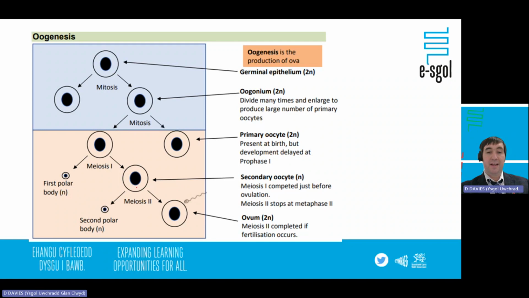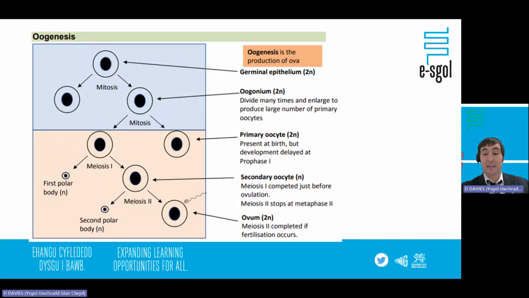Then the secondary oocyte is held in suspended animation. It doesn't complete its meiotic division until fertilization. So upon fertilization, or when it's ovulated, the second meiotic division will finish.